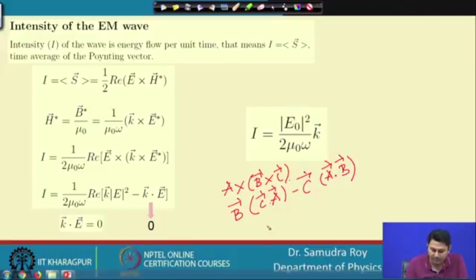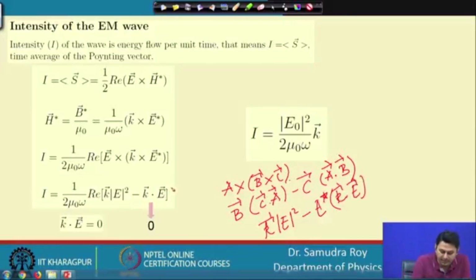So, my first term is k, and C is E star and E. If I dot E star and E, it will be mod of E squared, minus, C here is my E star, and then we will have A dot B, that means k dot E. I have a mistake here, one E star term should be there, be careful.